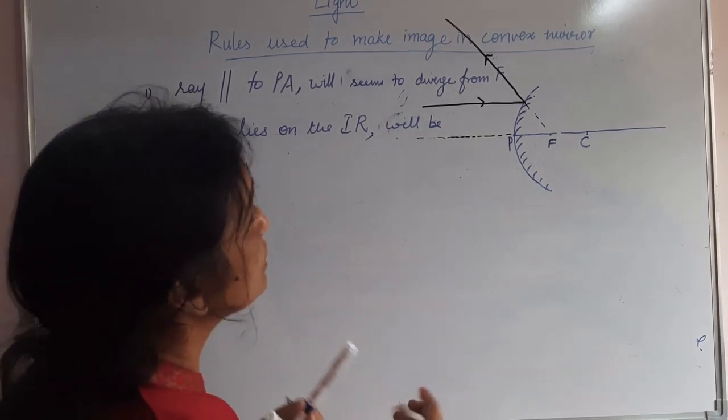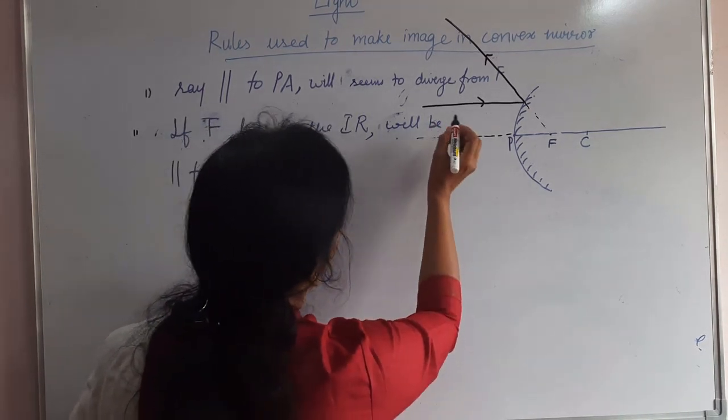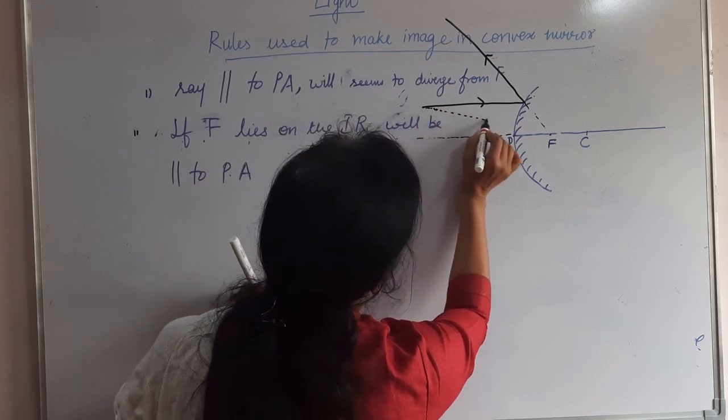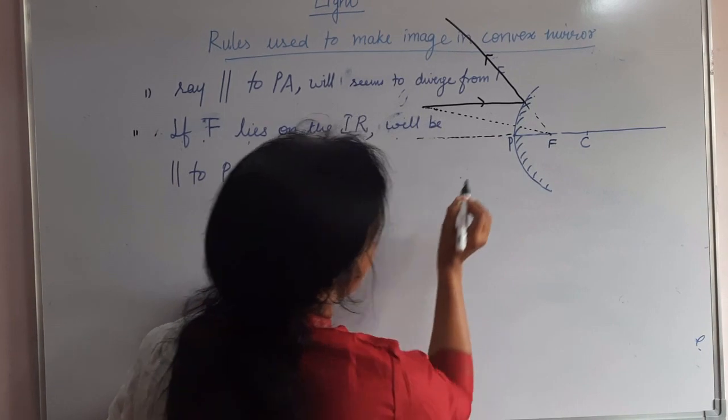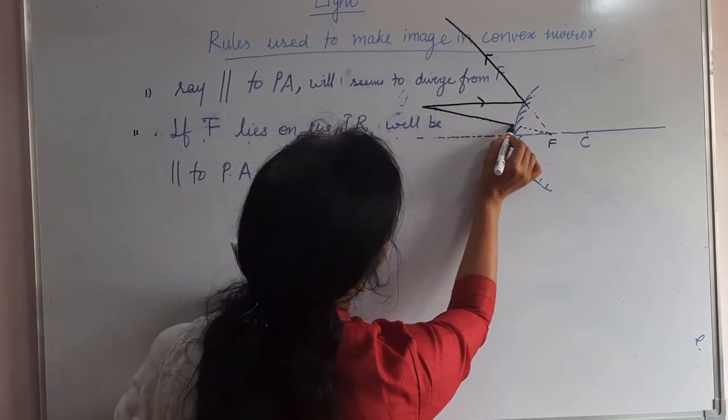Now, if an incident ray is such that F lies on it, so this is my incident ray.